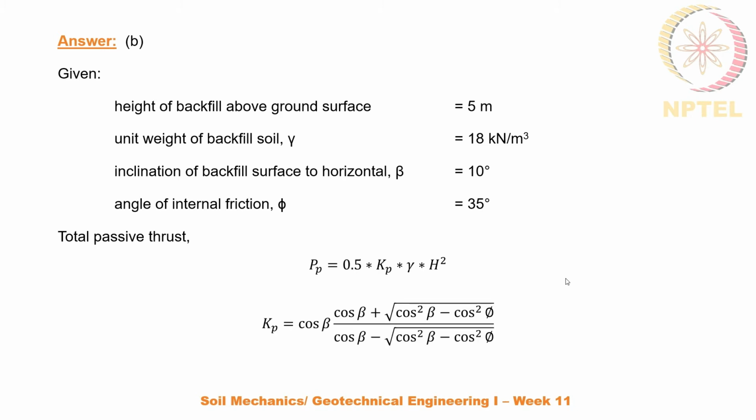Now the coefficient of passive earth pressure when the backfill surface is inclined to the horizontal is given by Kp is equal to cos beta into cos beta plus square root of cos square beta minus cos square phi divided by cos beta minus square root of cos square beta minus cos square phi.